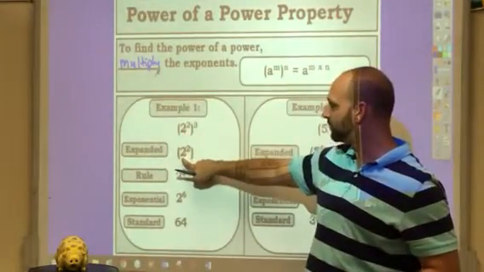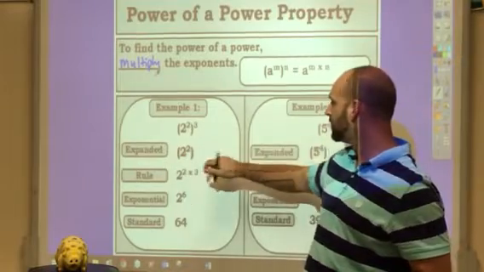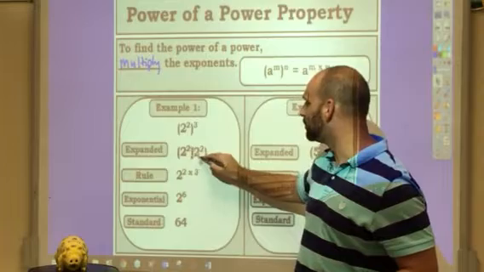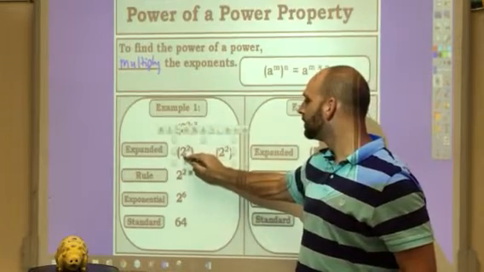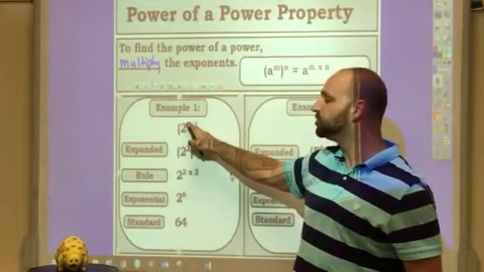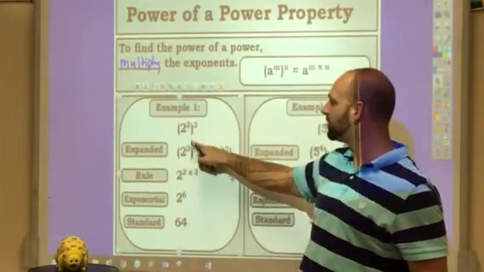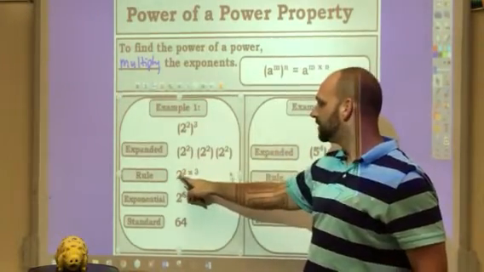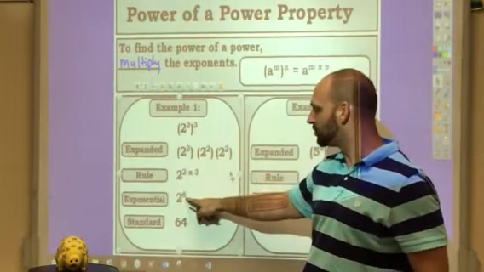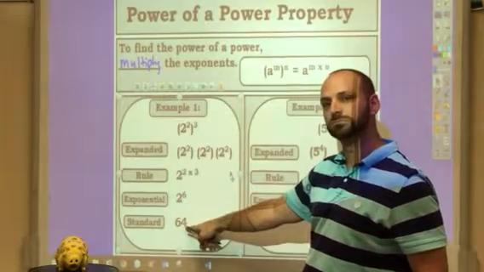So we have our base, we're going to keep that. And if you'll notice in expanded form, I've expanded this. I'm taking 2 squared, multiplying it by itself 3 times. So I'm taking 2 squared, multiplied by 3, and I get 2 to the 6th, or 64.